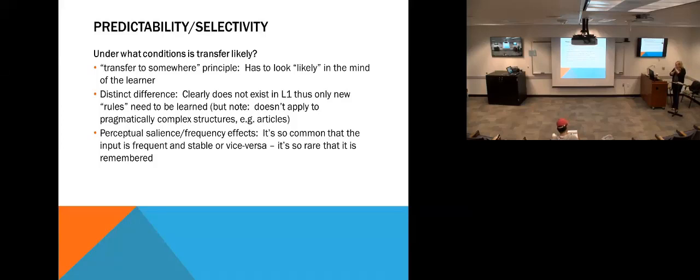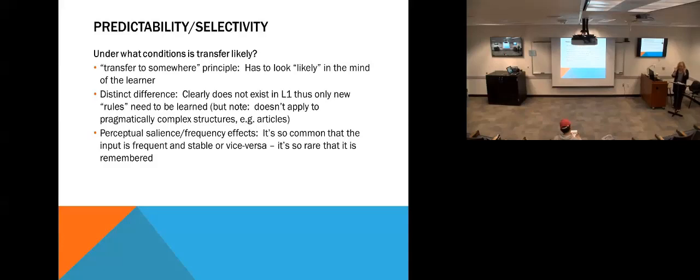Another one is if there's a distinct difference. Okay, so for example, it clearly doesn't exist in the L1, this thing that they're talking about, thus only new rules need to be learned. Okay, so for example, think of the article system, right?